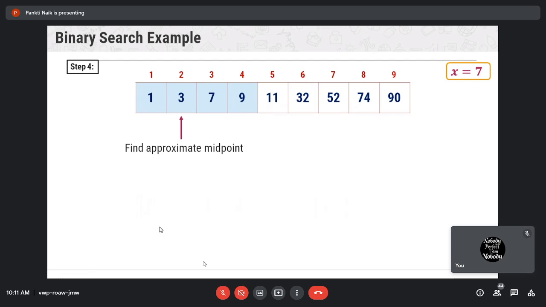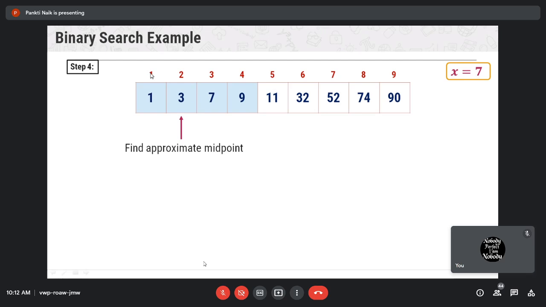So first, find the approximate midpoint. Now here in the left sublist we have a total of 4 elements, so the second index will become your midpoint value. If you have 6 elements, then the third index position will become your midpoint value.